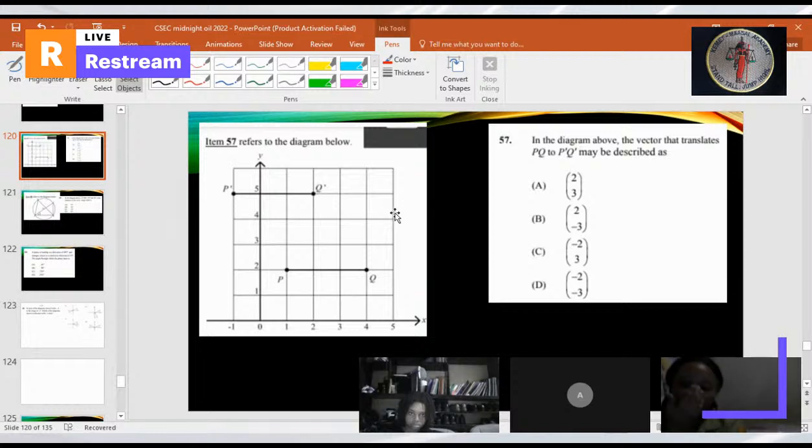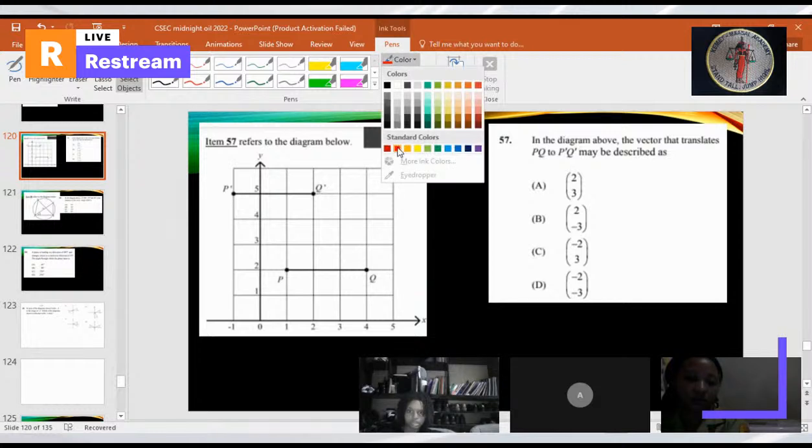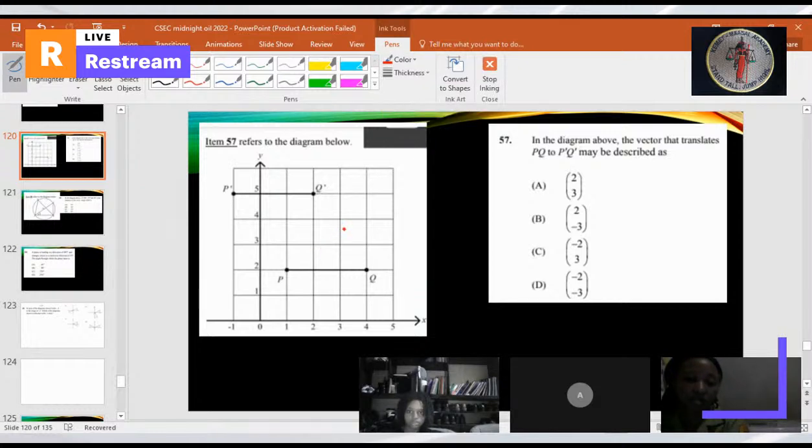Which way, how many places you have to move on the X and the Y. From P to P prime, we would have to move negative 2 on the X and then 3 on the Y, positive 3, so 3 up on the Y. So it's negative 2, positive 3.